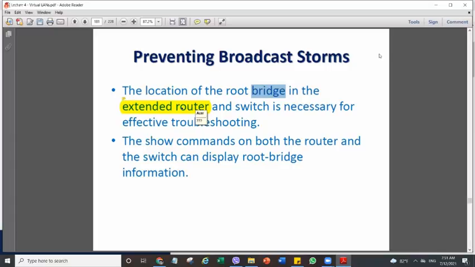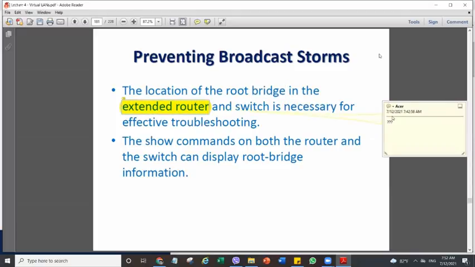That means a router is not necessary to establish the network, but the router allows internetwork communication. So in that case, router involvement is important. At the same time, the interface of the router we can introduce as the root bridge. I think that part is emphasized here.